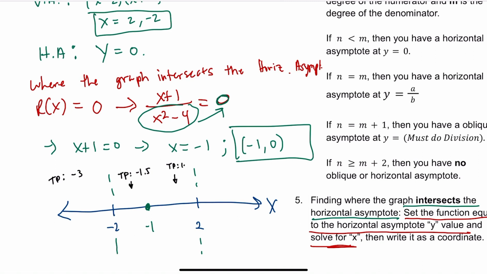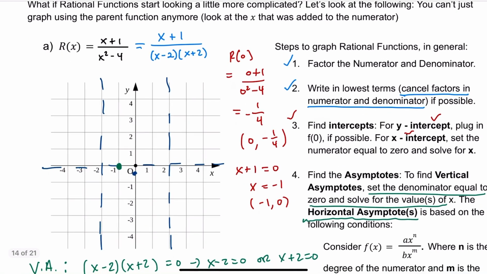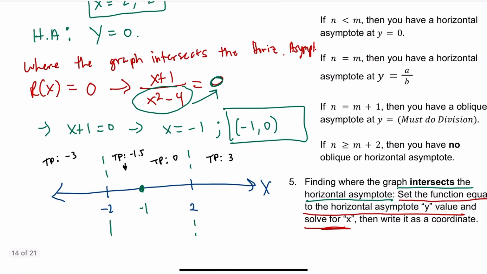Actually, no, I lied. Let's take that back. Between -1 and 2, you could use a test point of 0. That's the better one. And then to the right of 2, it's 3. Okay? So all these test points are things that you're going to plug into the function to see what your output is going to be. So follow along here. Please do not deviate from this too much, because then you're going to have to restart the video here.